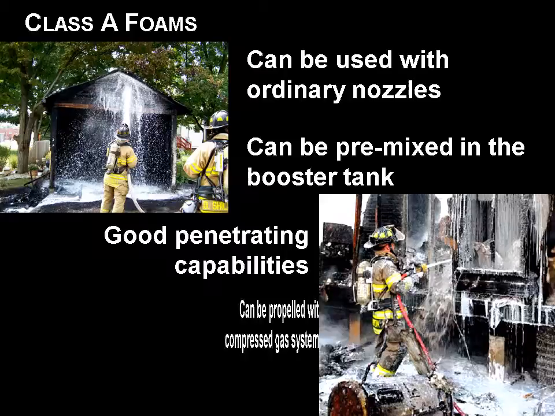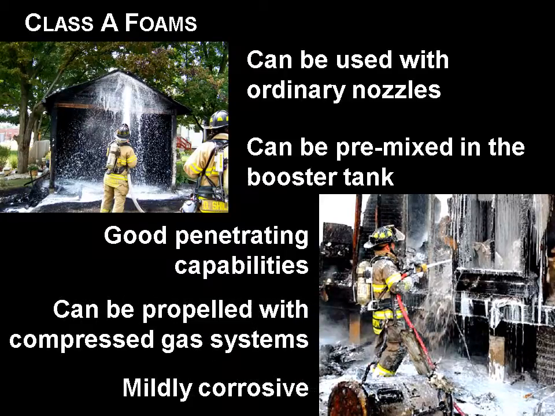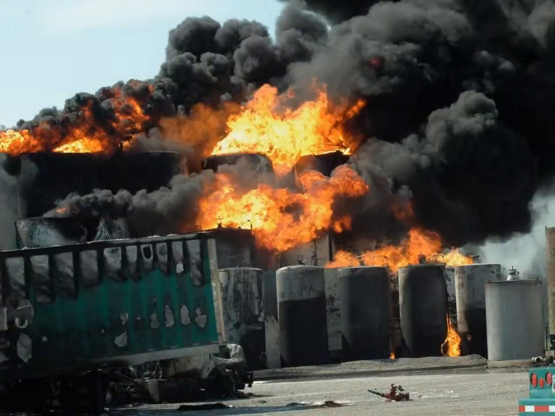Equipment should be thoroughly flushed after use. That's with anytime you use foam, you want to make sure that you get all that stuff out of your pump and hand lines and nozzles.